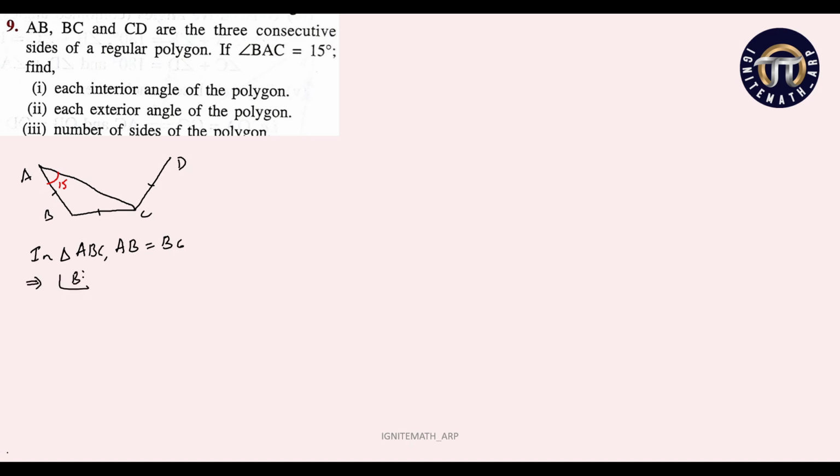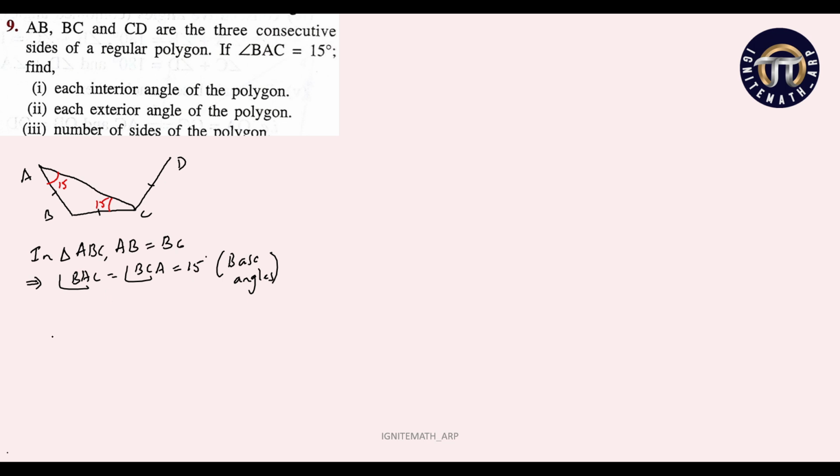Therefore angle BAC is equal to BCA is equal to 15 degree. So they are nothing but base angles. In an isosceles triangle, the angles opposite to equal sides are called base angles and they are equal to each other. Clear? If you want to know more about isosceles triangle, I have a video on congruency and isosceles triangle. You can go through it. Correct? So now if this is 15 degree, this also becomes 15 degree.